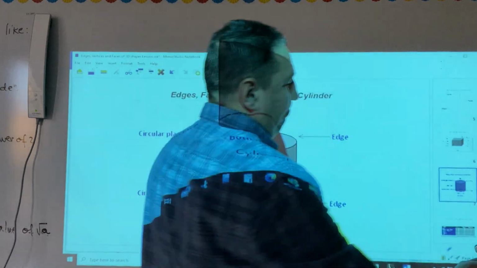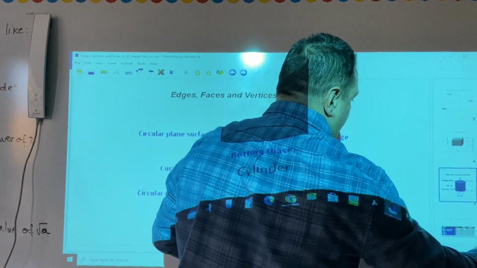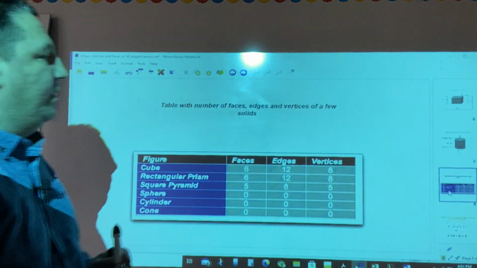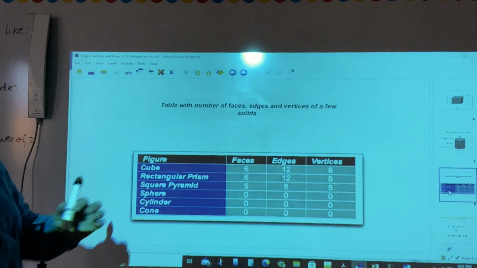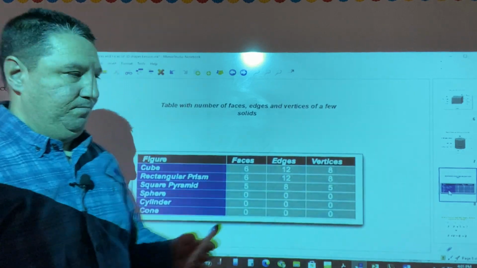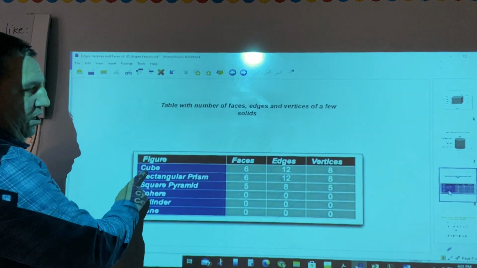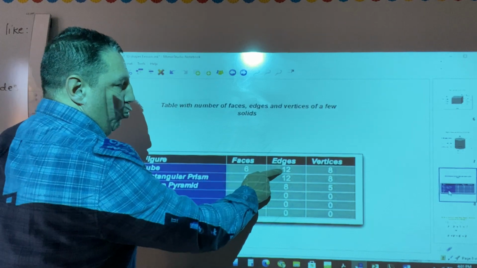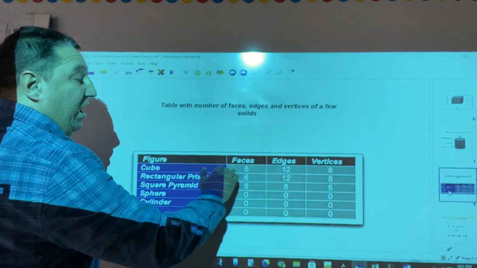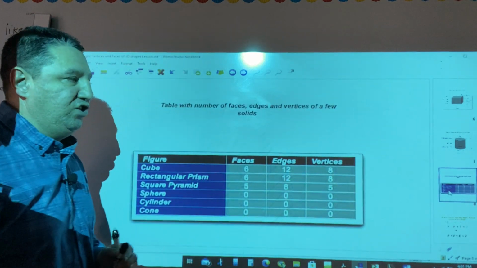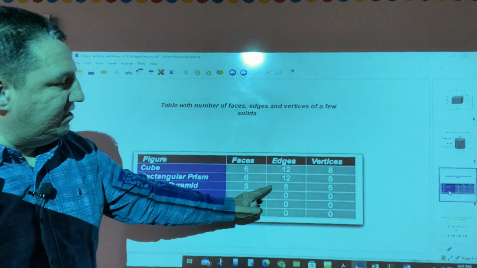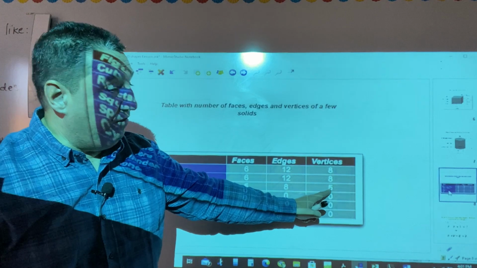Now, I'll show you for different shapes what is the number of faces, edges, and vertices. For example, for a cube, we have 6 faces, 12 edges, and 8 vertices. For a rectangular prism, we have the same number of faces, edges, and vertices. For a square pyramid, we have 5 faces, 8 edges, and 5 vertices.